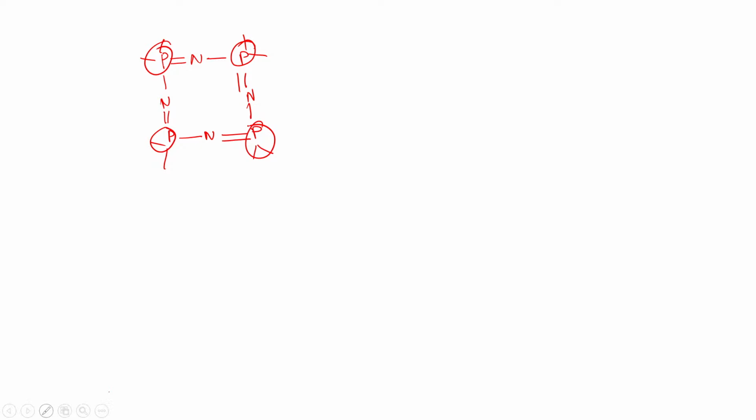As a result, you can identify two types of phosphorus centers, and these two are identical and these two are identical. When you look into 31P NMR, these two will couple with these two to show a triplet, and similarly this will show another triplet. So this is how the spectrum would look.